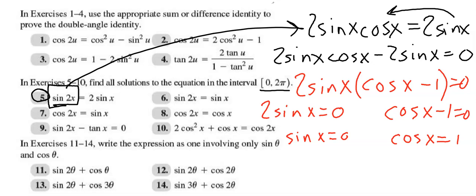So we pull the 2 sine x out in front. If I pull the 2 sine x out, what am I left with in the first term? So I have my 2 sine x parenthesis. What's left here? Cosine x minus 1, in parentheses. Set each one of your factors equal to 0 and solve them.